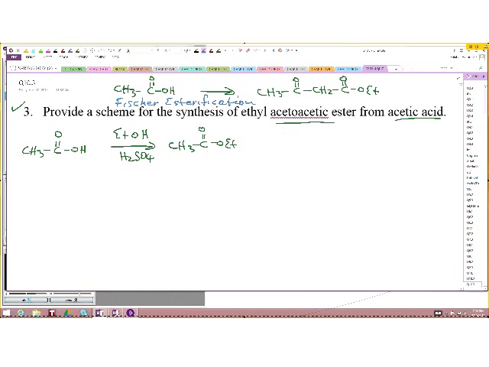Anytime you react an alcohol with a carboxylic acid in the presence of any mineral acid, then you say you are doing a Fischer esterification. Okay, now we form the ester.